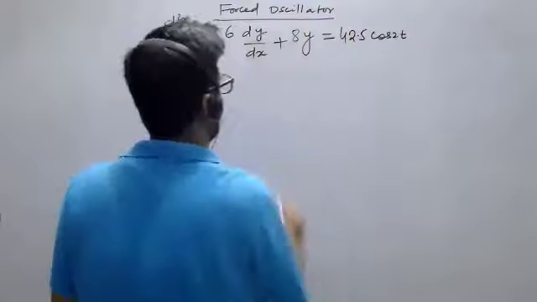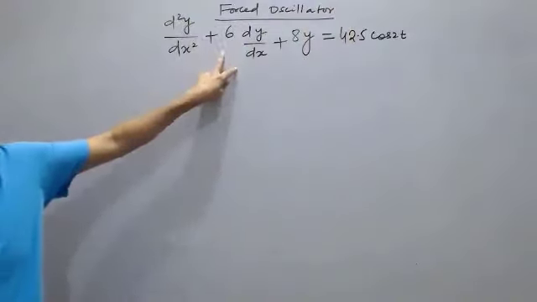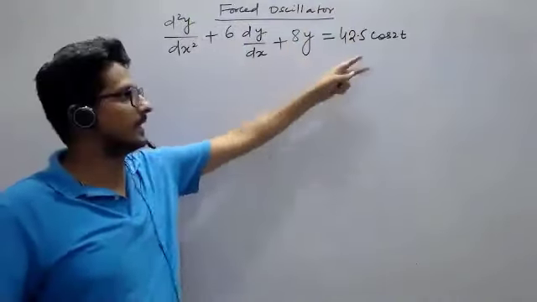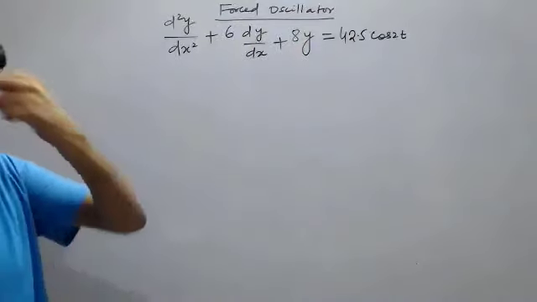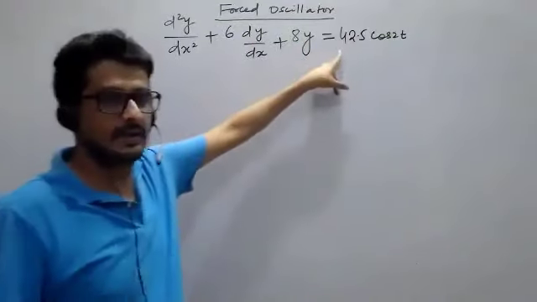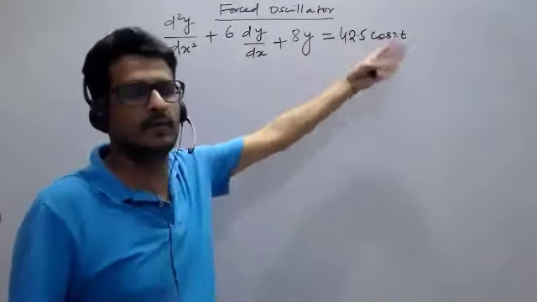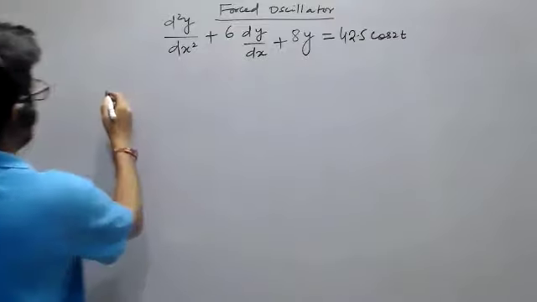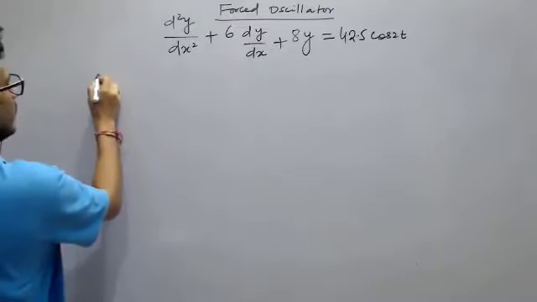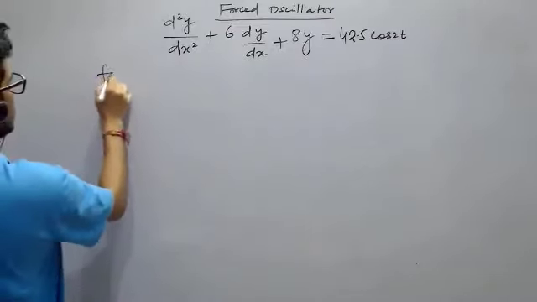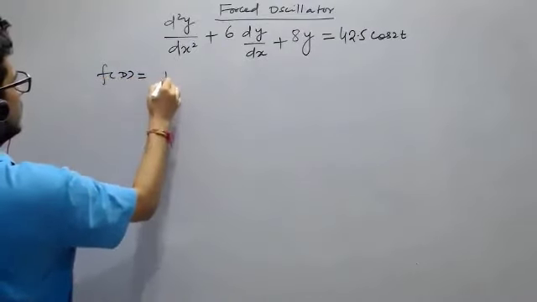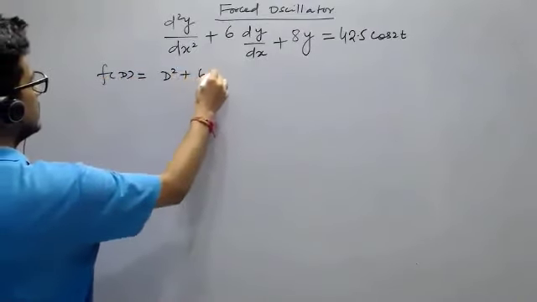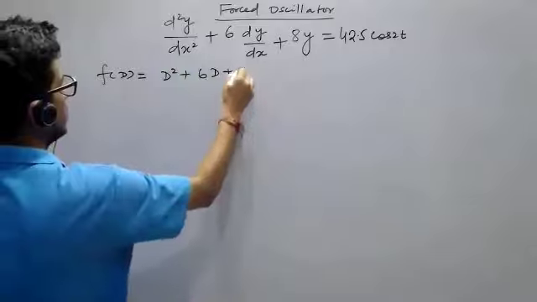You can see this is the damping constant, this is the restoring constant, and on this side you have a sinusoidal function which is actually the external force. So can we quickly calculate f(D) this time? The function is D square plus 6D plus 8.